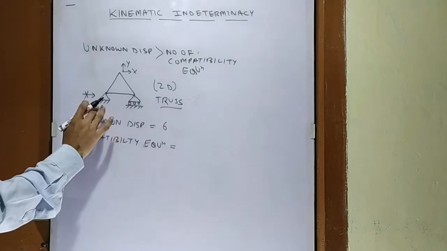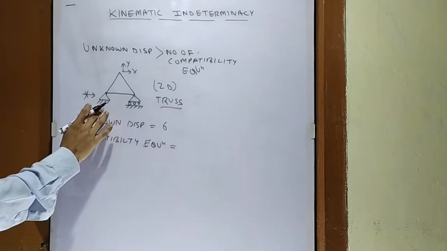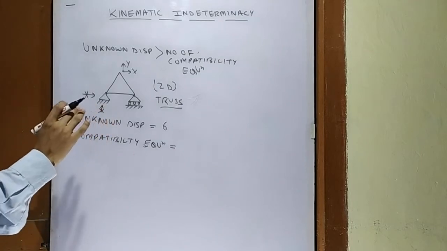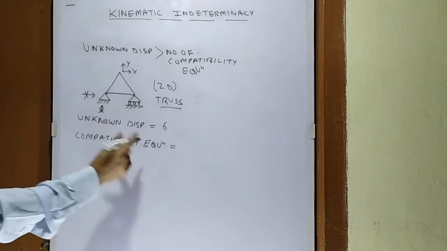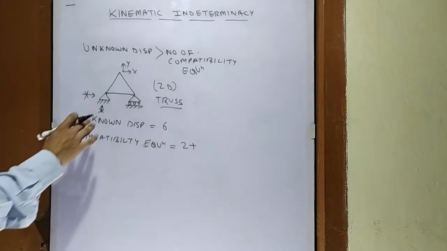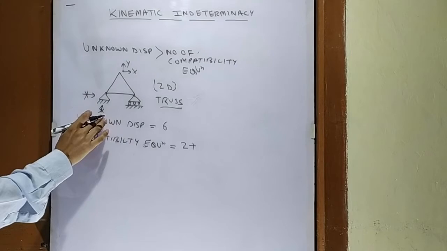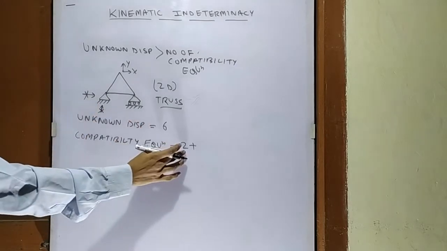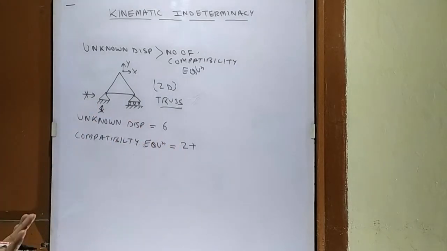Okay, so every reaction provided by the support provides a compatibility equation. So how many reactions are provided by this support? 1, 2. So there will be two compatibility equations.